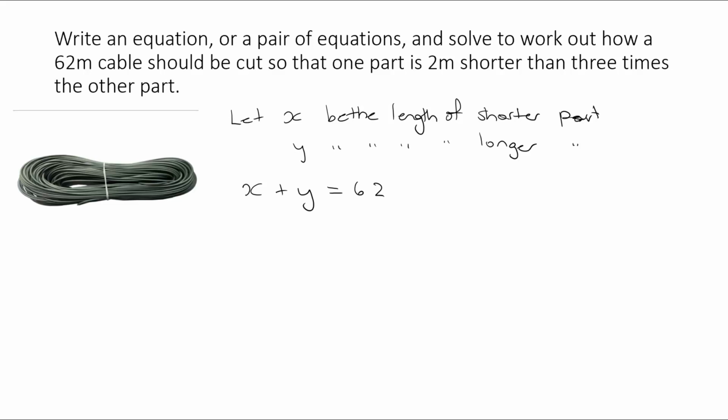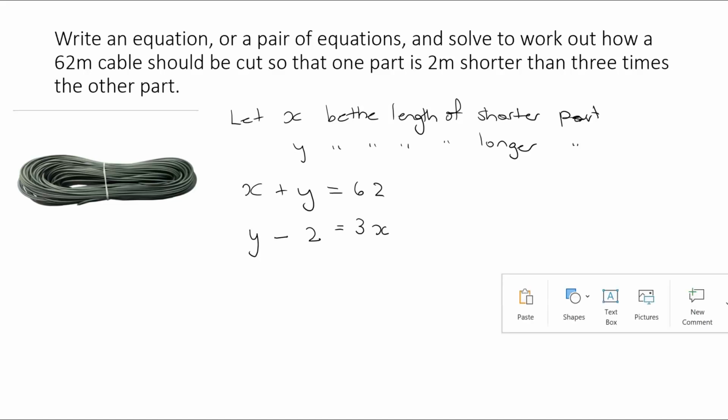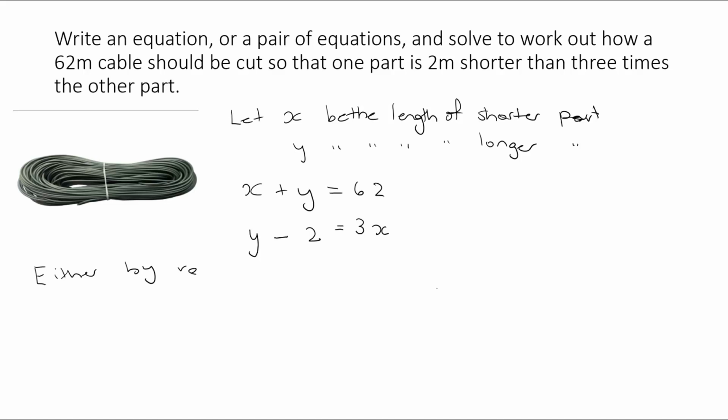And we know also that, obviously we're talking about y, 2 meters less than y has got to equal 3 times x. It doesn't make sense if you do it the other way around. You end up with a gap in your logic. Now, you could do this two ways, either by elimination or by substitution.